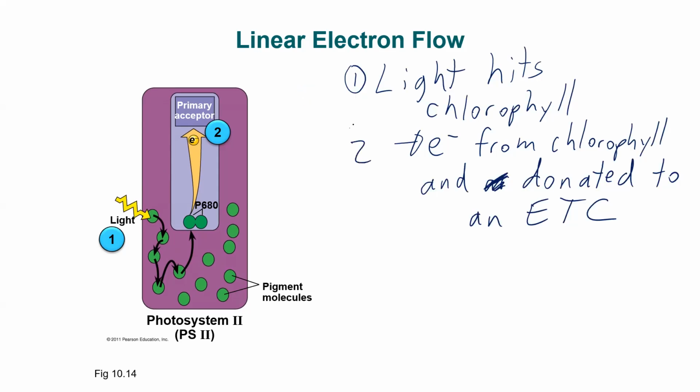Sorry, this is number 2. Number 3 is the water part. Apologize for that. I know I changed these at one point because I realized that the steps I had were slightly different from the textbook. And I'm always trying to line things up with the textbook because I know that's a major resource for everyone in the class. So 1, light hits chlorophyll, electrons get excited. Number 2, the electrons are ripped off chlorophyll and donated to an electron transport chain.